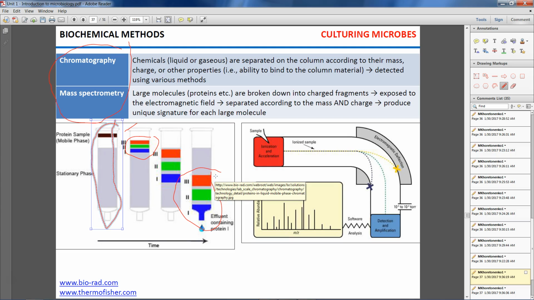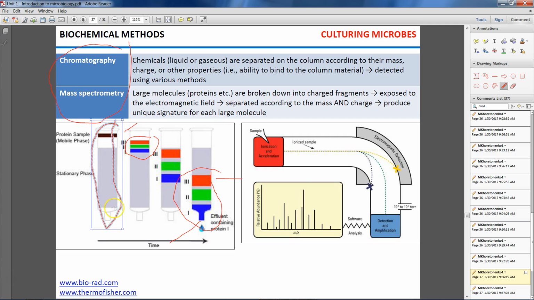Based on what you want to do with the sample, you can collect fractions at different times and analyze every one individually. You can say we have this molecule leaving the column at this time, this molecule at this time, and this molecule leaving the column last.